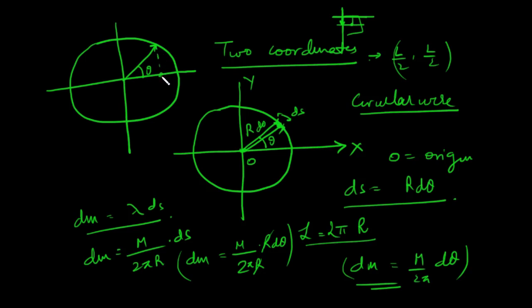If we take projections, the x coordinate of the mass is r cos theta and the y coordinate is r sin theta. So it has two coordinates. Alright. Since the element mass has two coordinates, we will have to find out the position of the center of mass by integrating using these two coordinates. Alright. Since dm was m by 2 pi times d theta and the x coordinate is r cos theta and the y coordinate is r sin theta, right?